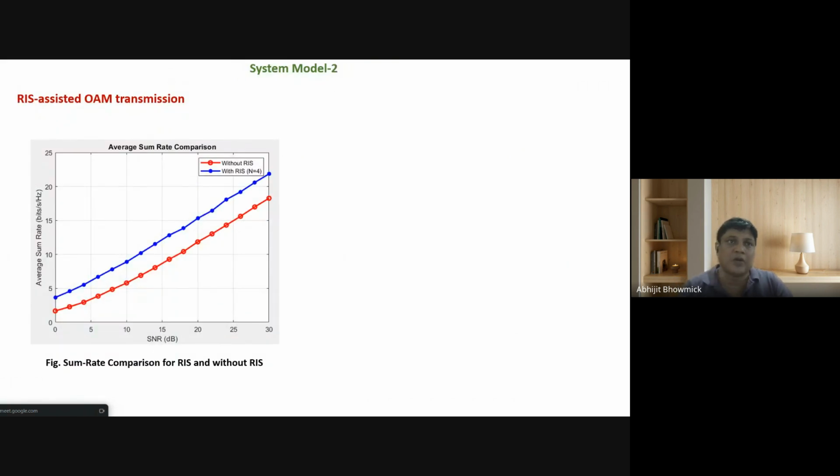Now I'll talk about my last slide, where I'll relate this discussion with the last discussion with the RIS. Before discussing the results, I have to draw the network structure. The same structure I'm taking.